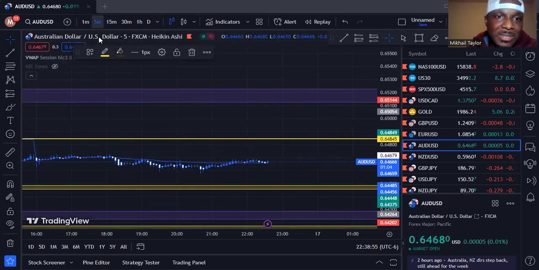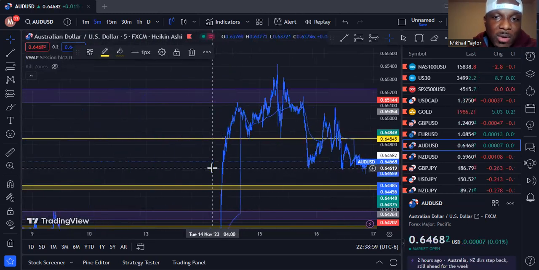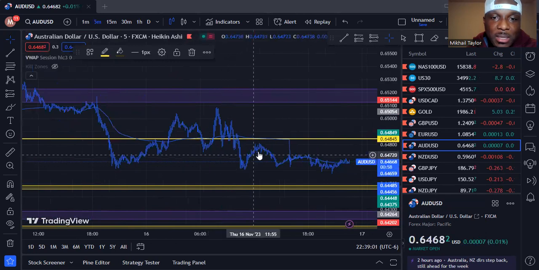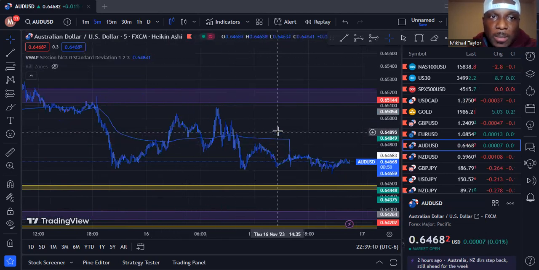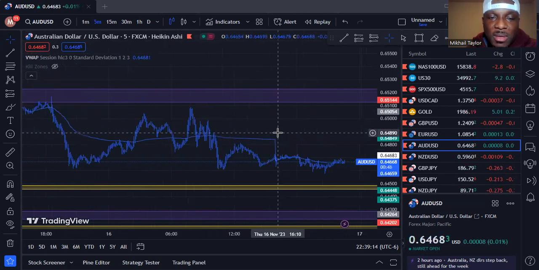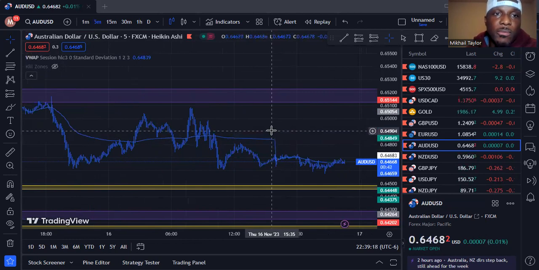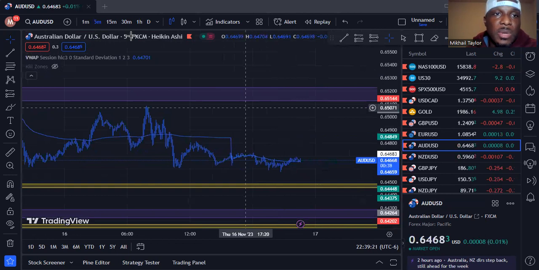Then I go down to the 5-minute where I actually trade. If I see a level that's more significant at the 5 level, I'll mark it up, so if I get in the trade it gives me a feel of where I may want to put my TP and go from there.